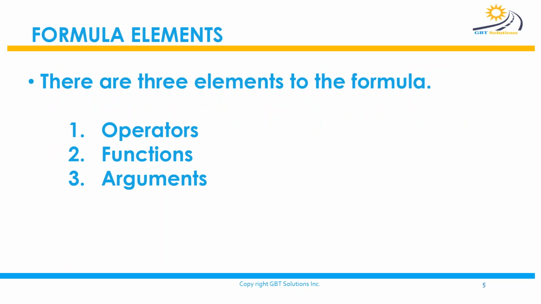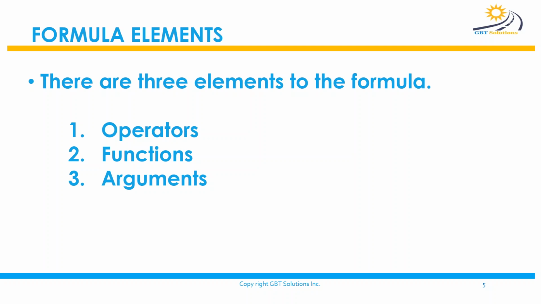There are three parts to a formula. A formula has operators. What are operators? Operators are symbols or signs like equal, plus, minus. As we have said, a formula starts with the equal sign, which means it will start with an operator. Functions are the names that we use in Microsoft Excel, like SUM, VLOOKUP, SUMIF.